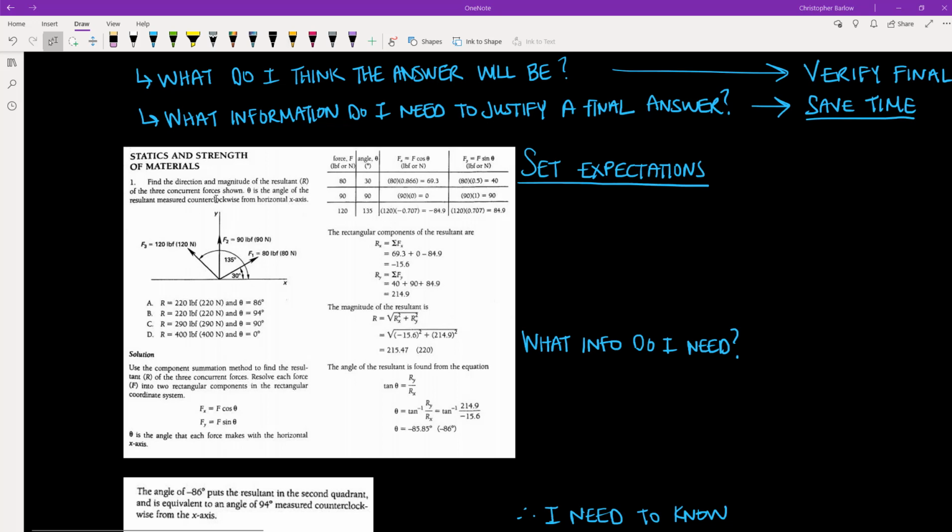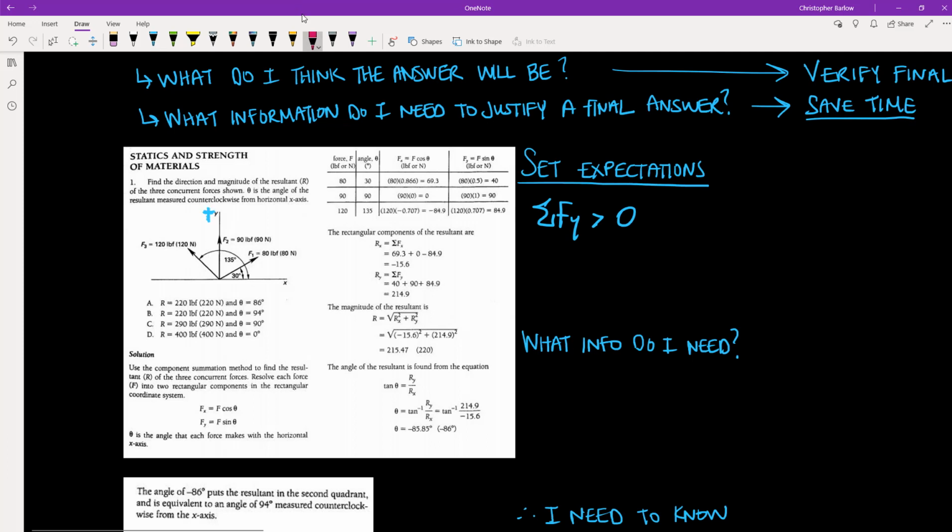So what expectations can we set with this given scenario? Well, we can see that all of the force vectors are in the first or second quadrant, and so they are all pointing in the positive y direction. So since all of these force vectors are pointing in the positive y direction, we know that the sum of their components must also be positive.